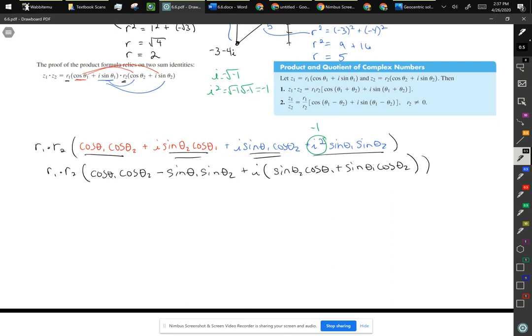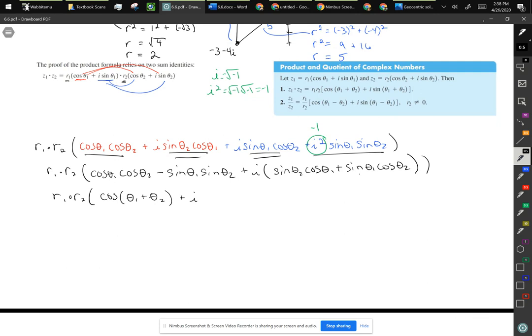And hey, do you notice something? Cosine minus sine, right? Cosine, sine. What trig function does that come from? It comes from the sum of two angles, theta 1 and theta 2, of cosine. And you see a minus, that means you should see a sum as your argument. So cosine of theta 1 plus theta 2, right? And then plus I, and I go sine, cosine.